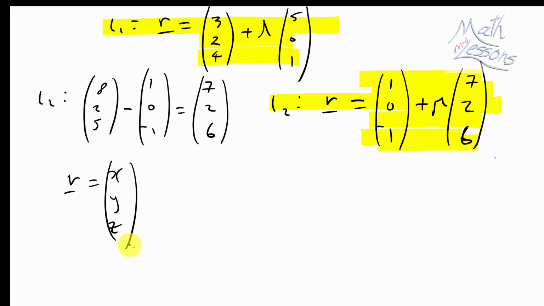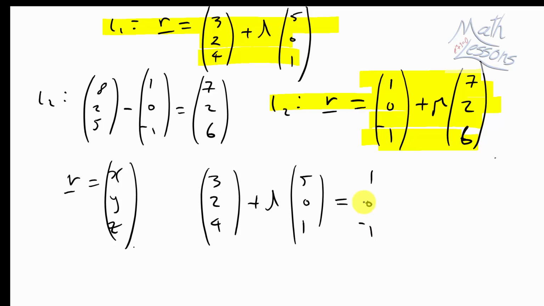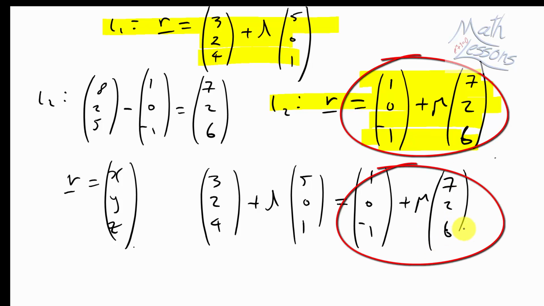To find where these points cross, we must find the x, y, z. So we're going to take the 3, 2, 4 plus lambda 5, 0, 1, which equals the x, y, z, and it must equal the x, y, z of line 2, 1, 0, minus 1, plus mu lots of 7, 2, 6.